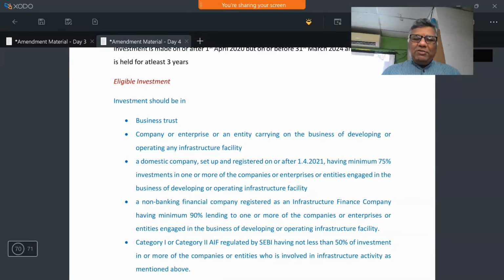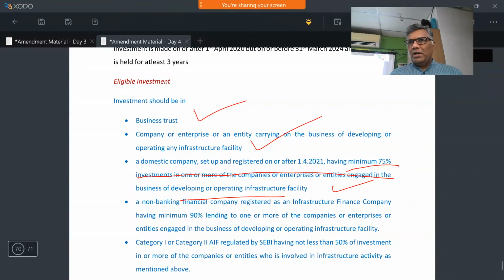It will now include business trust, infrastructure facility, or a domestic company having minimum 75% investment in companies promoting infrastructure, a holding company, a non-banking financial company promoting infrastructure, and category 1 and 2 of alternative investment fund. These will also qualify for exemption.